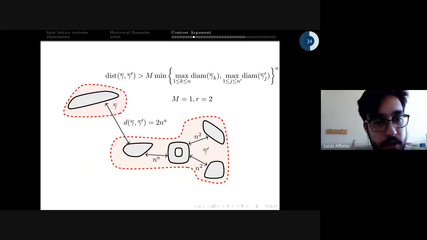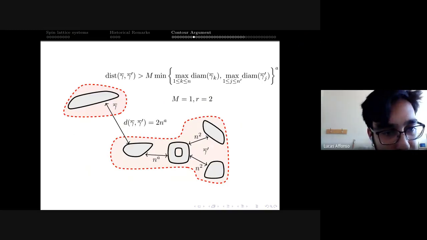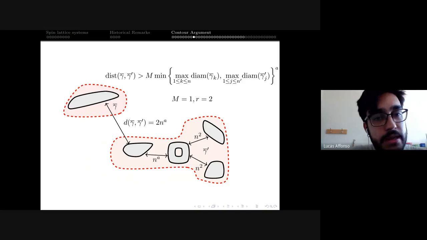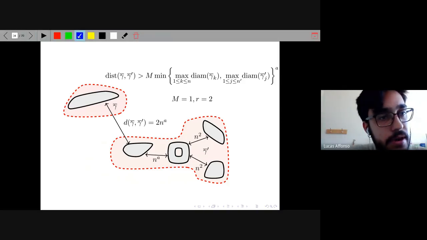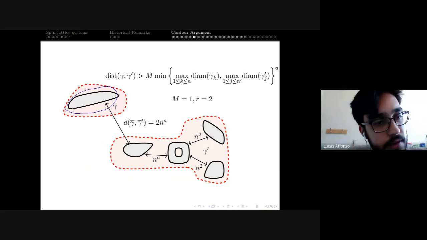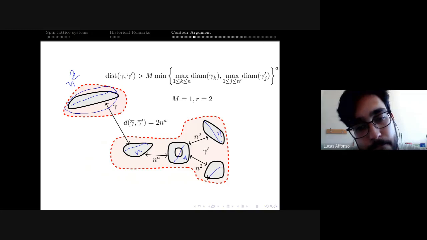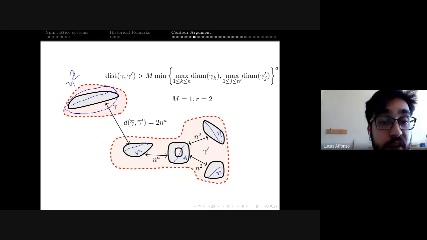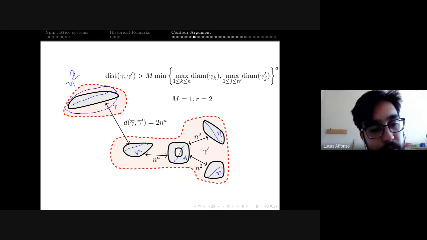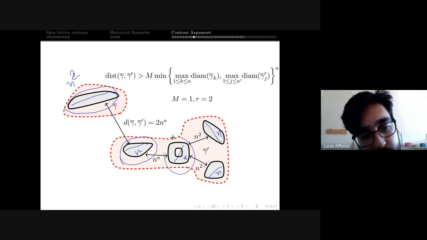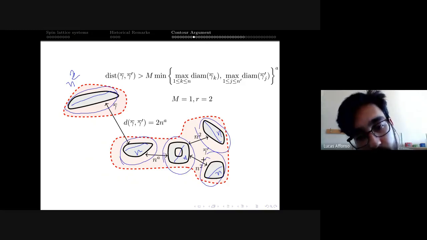For instance, if you look at this case right here, and you try to make... okay, for this case, I will consider that this quantity here has diameter n squared, and everyone here has diameter n. So now, in this case, you may try to do something like this. Okay, now I take this right here.